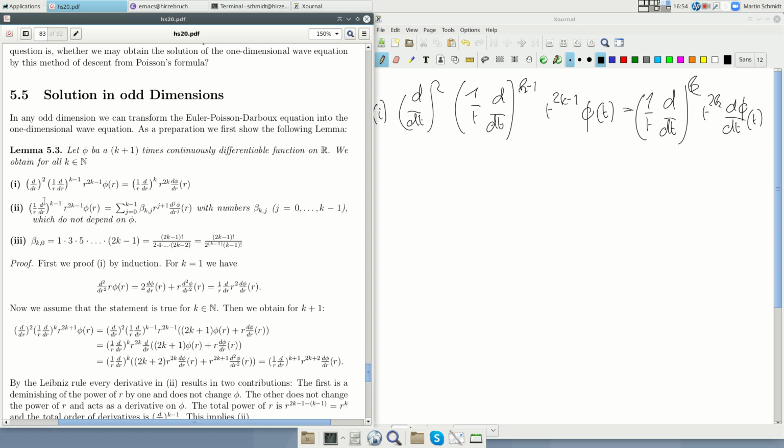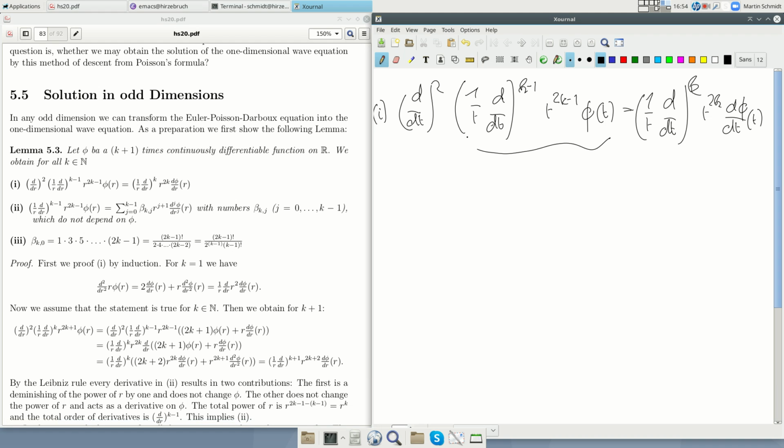The second statement is that for the expression here, in part two, we show that this is a sum over j equals 1 to k minus 1, and then we have some real coefficients beta k j, and then we have r to the power of j plus 1, and the j-th derivative of phi of r with respect to r.